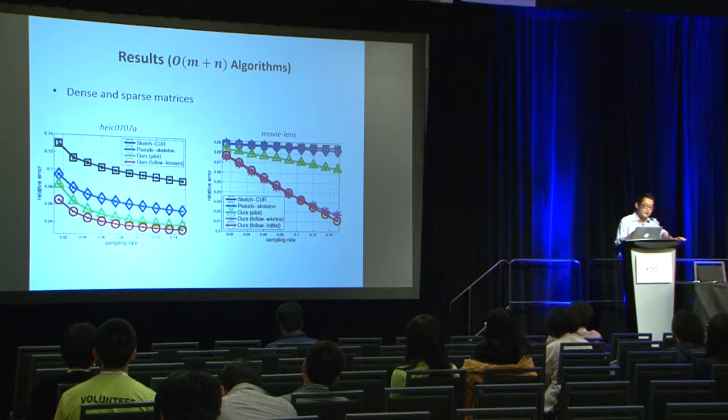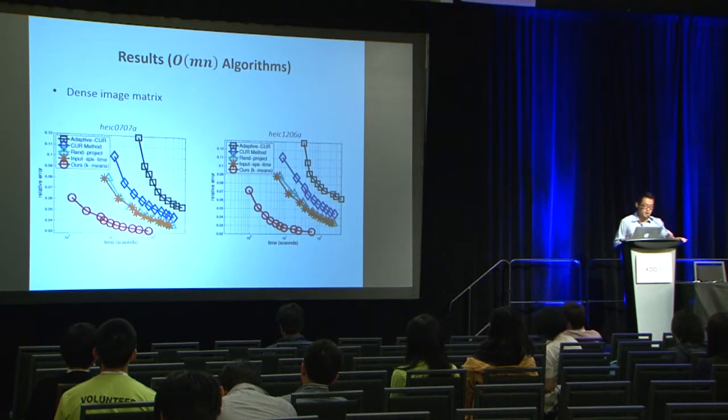Obviously, we can see that on both dense and sparse matrices, there is an improvement of the approximation quality at the cost of a second round of linear cost algorithms. And in the second part, we compare our approach with randomized algorithms, which are state-of-the-art algorithms, but they are quadratic cost.